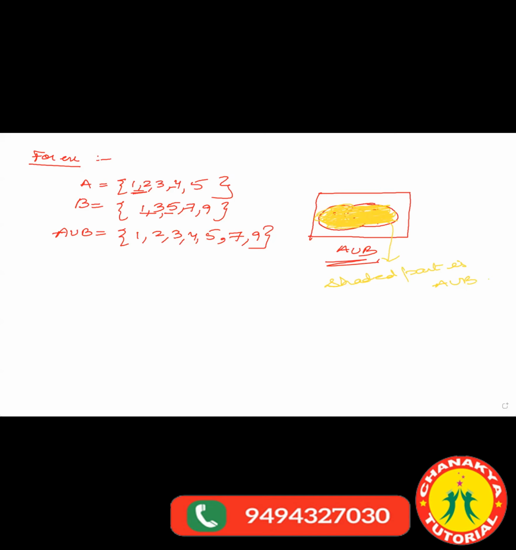Now suppose another example I am taking. Let A be equal to A, B, C, D, E, I and B is equal to C, A, I, E. So A union B. Dhanunjay, what will be the A union B?